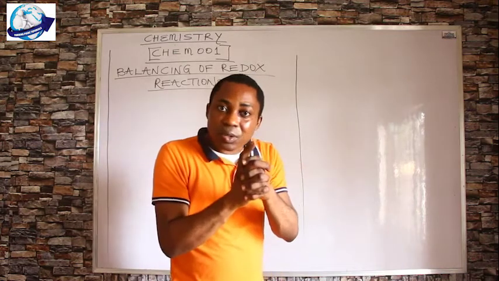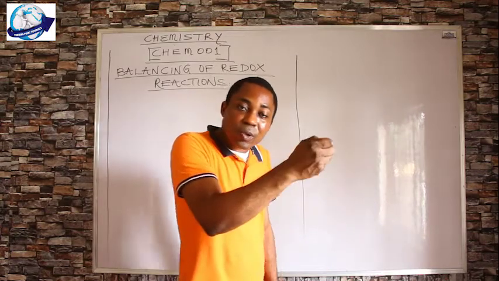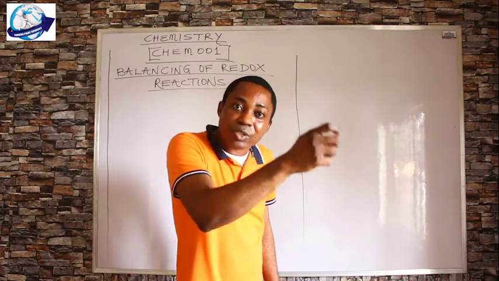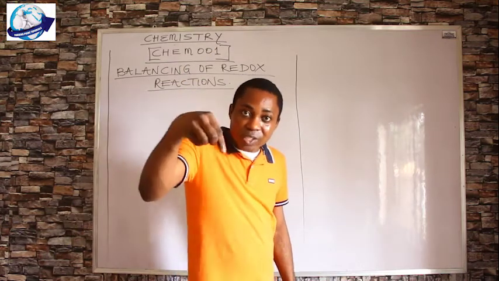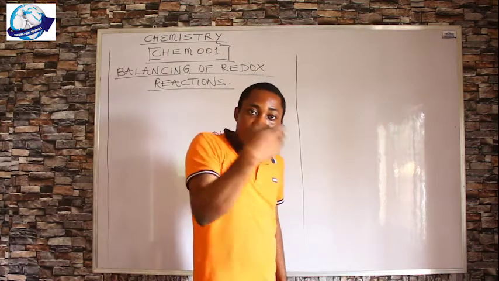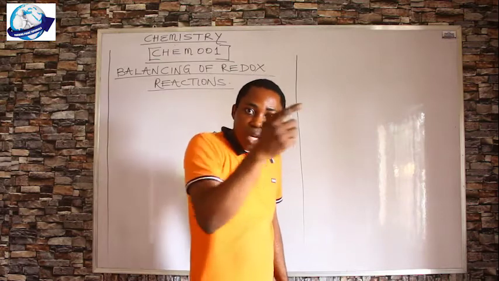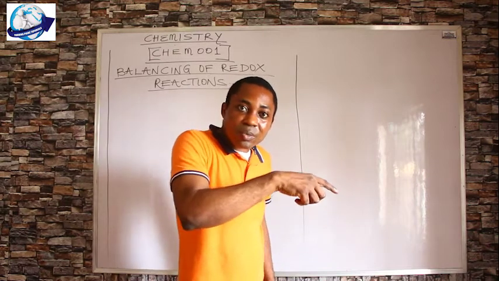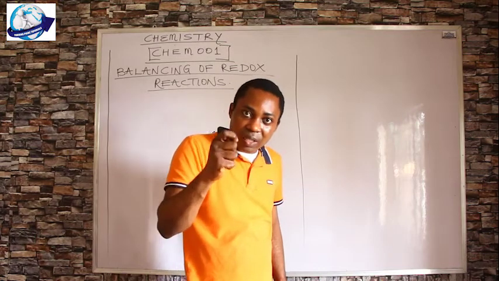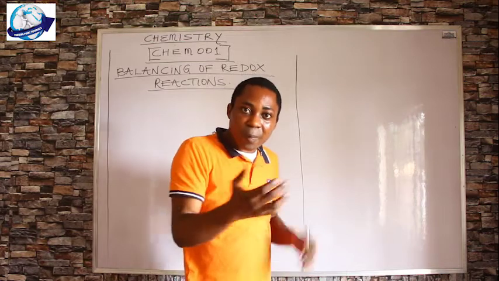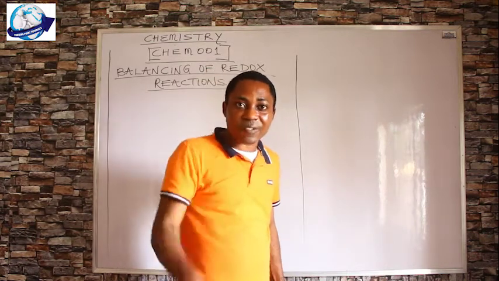You pick up the coefficient of the electron in the first half equation, after the balancing is over, and you use it to multiply the other equation. Then the coefficient of the electron in the second half equation, you pick it up and use it to multiply the first equation.